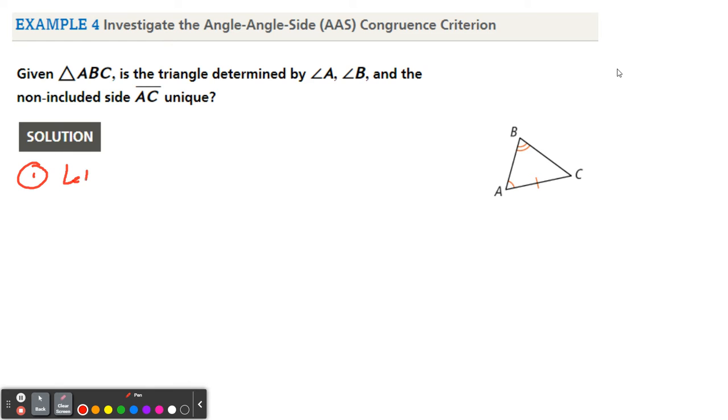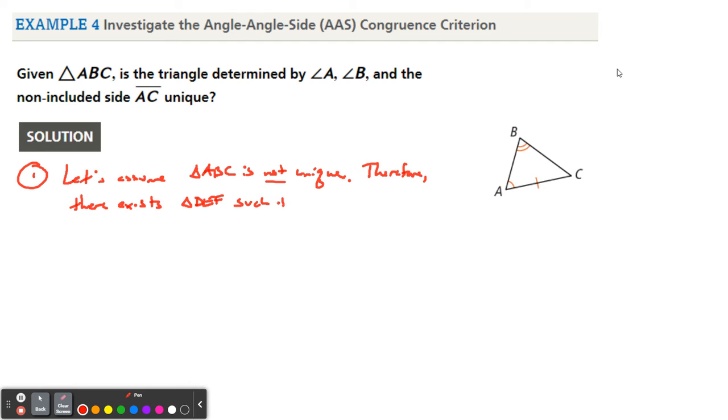So let's assume triangle ABC is not unique. We want to prove it's unique, so let's assume it's not. Therefore, there exists triangle DEF such that triangle ABC would not be congruent to triangle DEF.